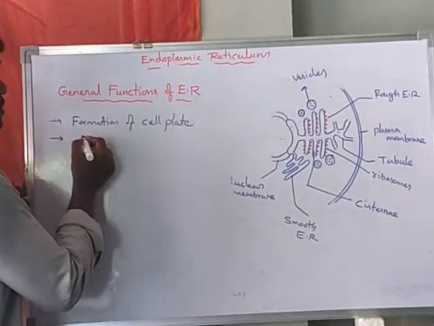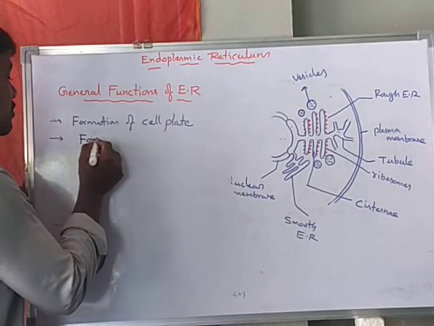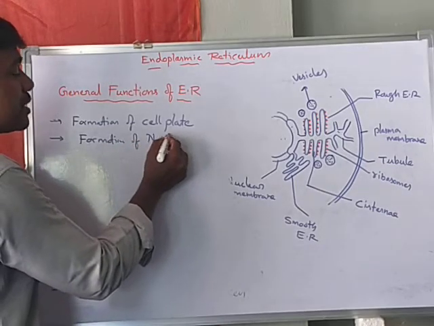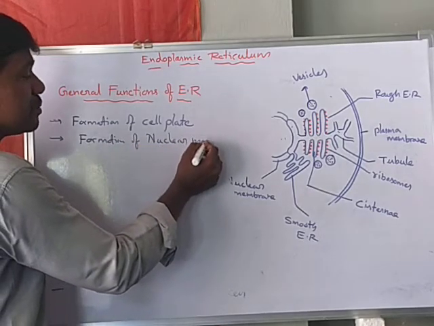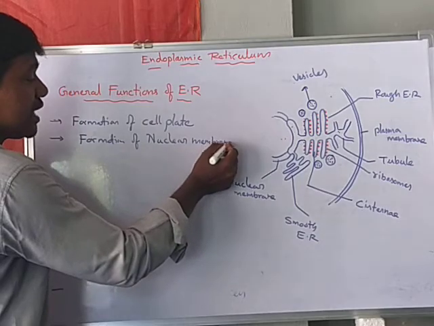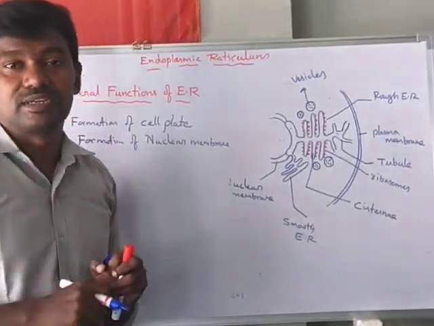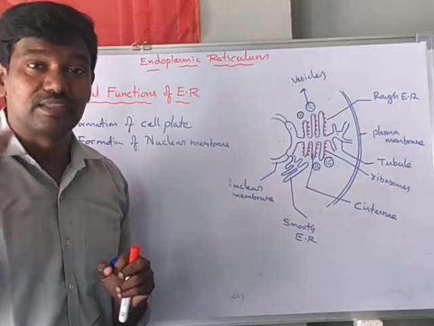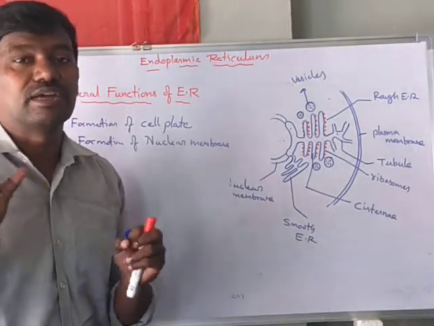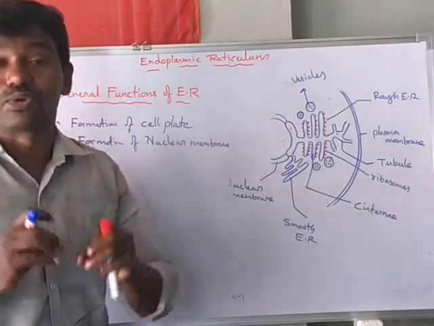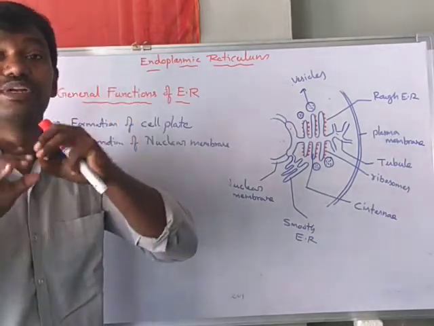Next, it helps in the formation of the nuclear membrane. During cell division, in the telophase, two groups of chromosomes separate to two different poles.